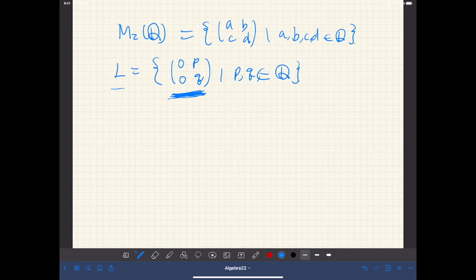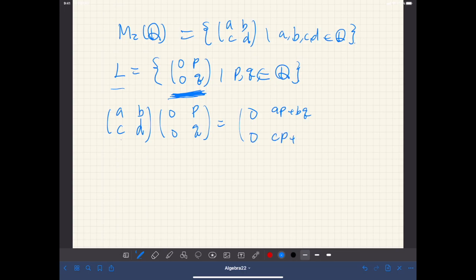And if we multiply any 2 by 2 matrix a, b, c, d with this type of matrix, we get 0, ap+bq, 0, cp+dq. So this is an element of L. So we can see that this L is a left ideal.